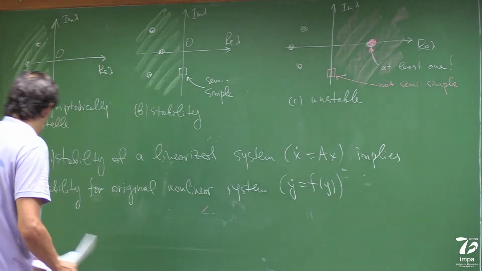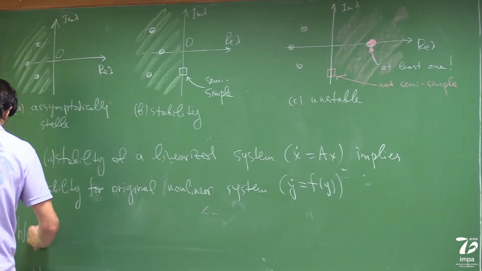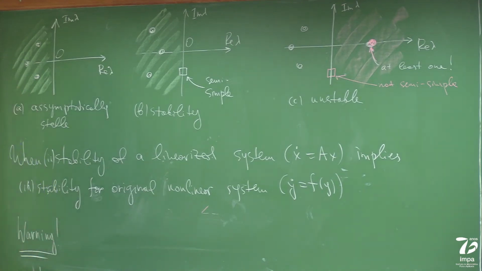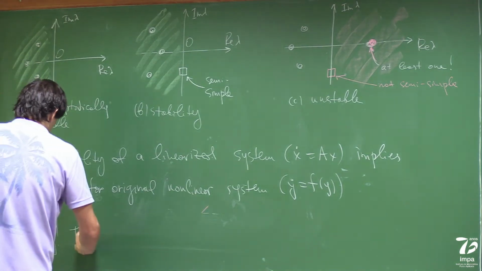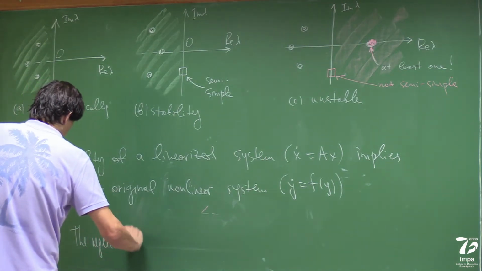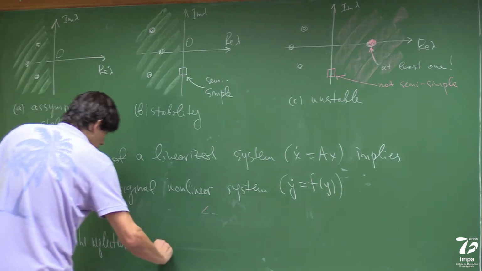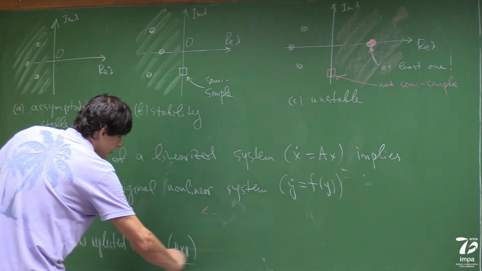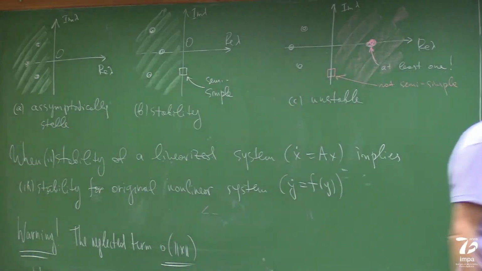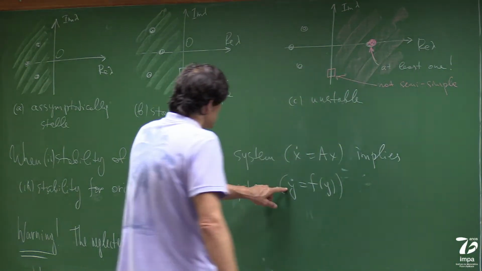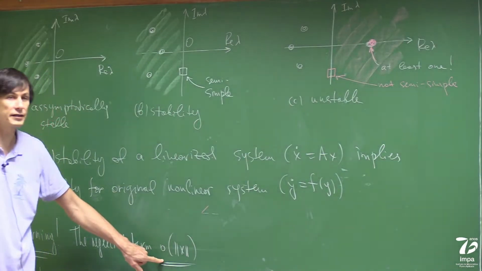But now there is a warning: the neglected term. The difference between the systems is just in this small neglected term, right? When we made the transformation from the first system to the second, we just neglected the small term.